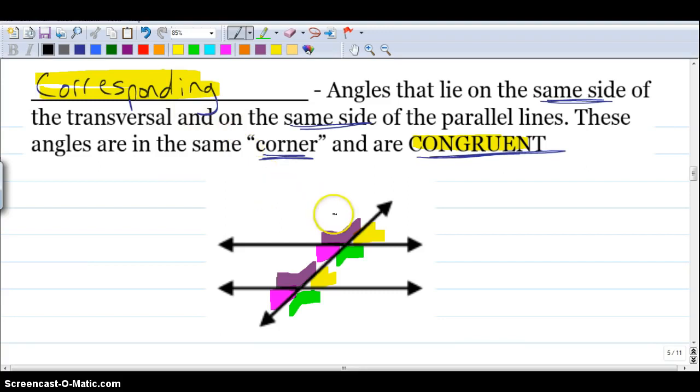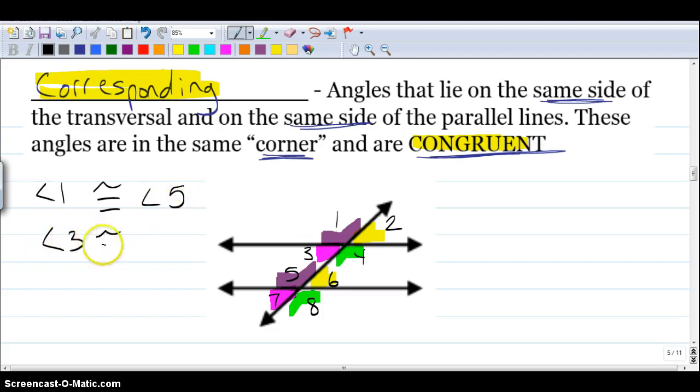And just to make it easy, I'm going to put numbers here so you understand. Right? So angle 1 is congruent to angle 5. Now, that's my angle symbol, and that is the symbol for congruent.